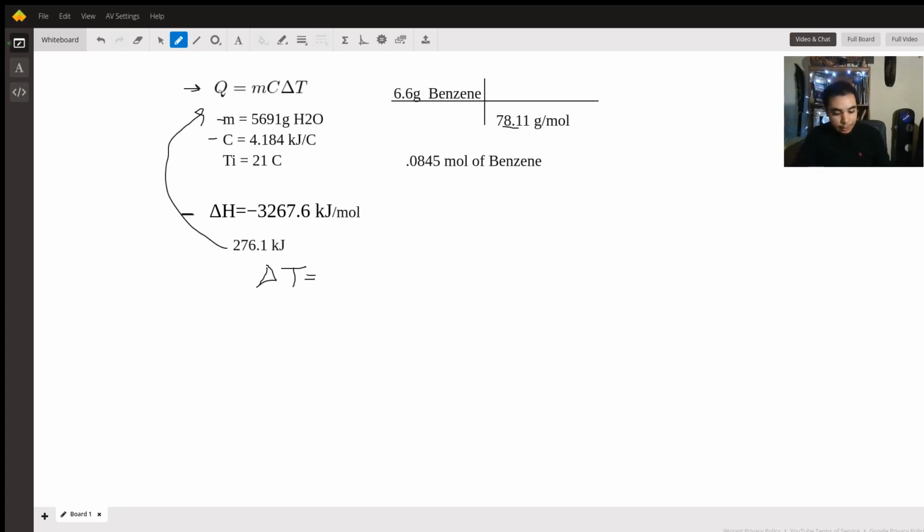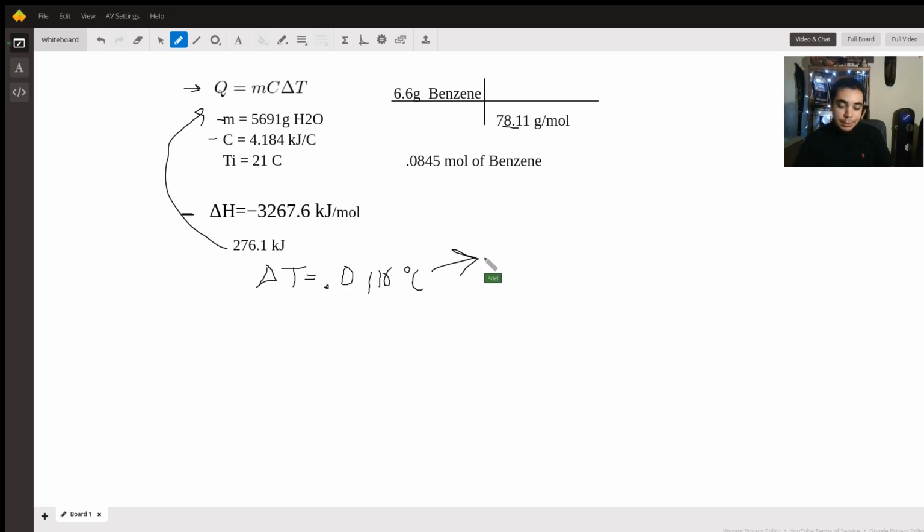So if we take that 276 and we divide it by the mass, which we want in grams, so 5,691, and then divide that by the specific heat capacity, which is already in kilojoules, which is what we want, 4.184, that gives us a change in temperature of just 0.0116 rounded degrees Celsius.